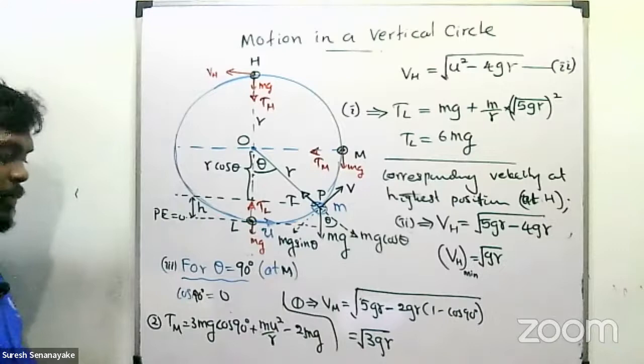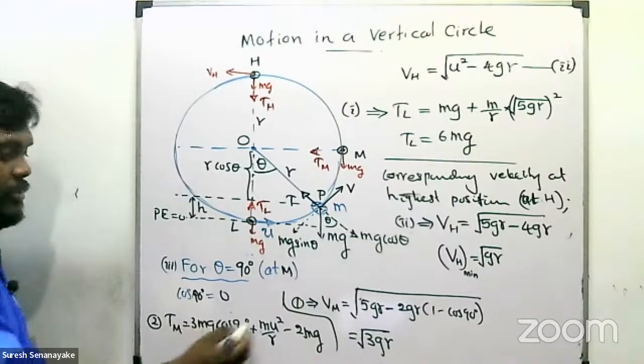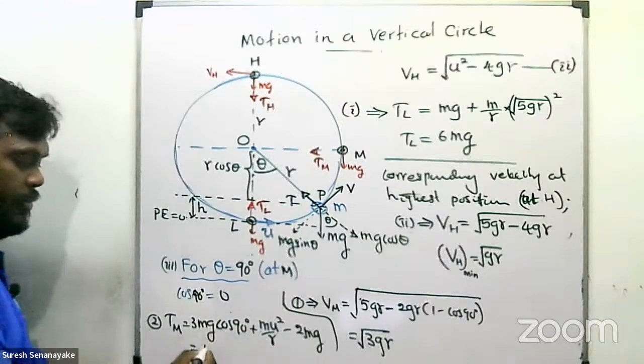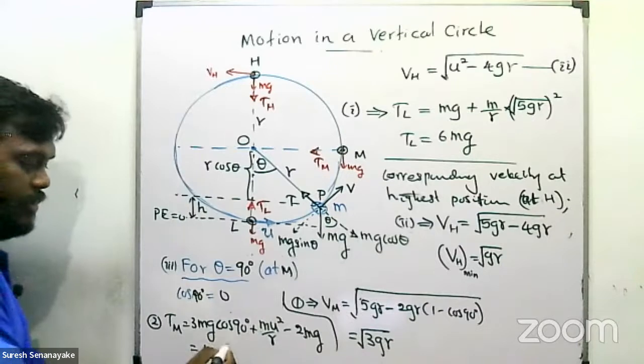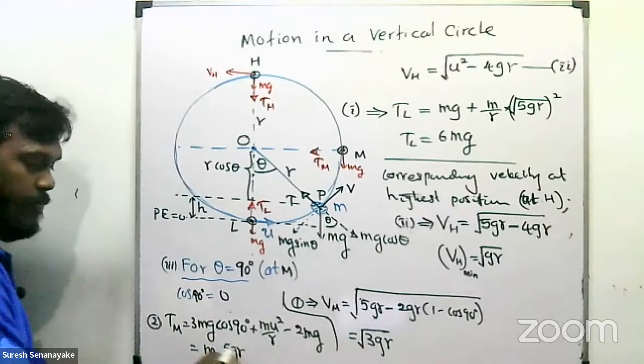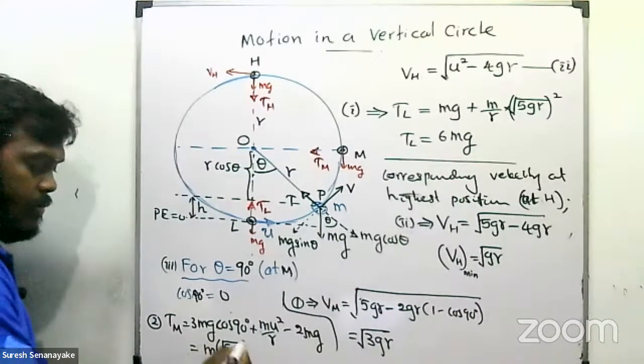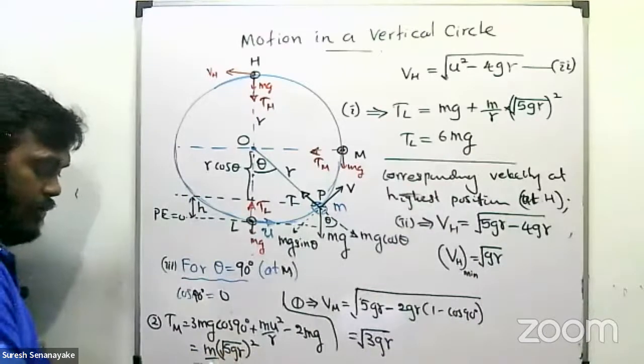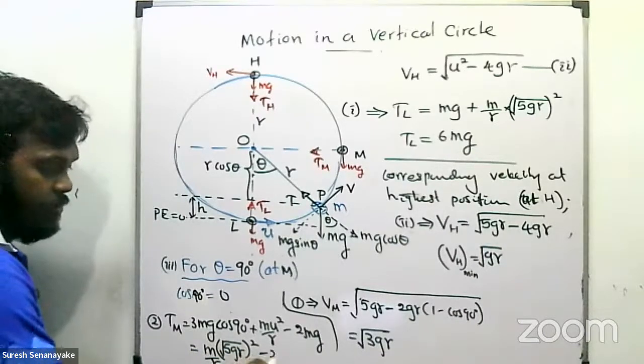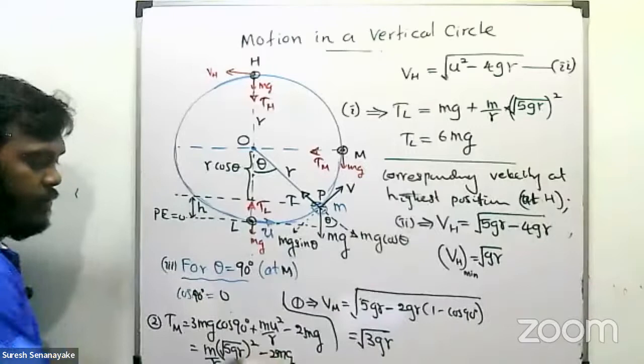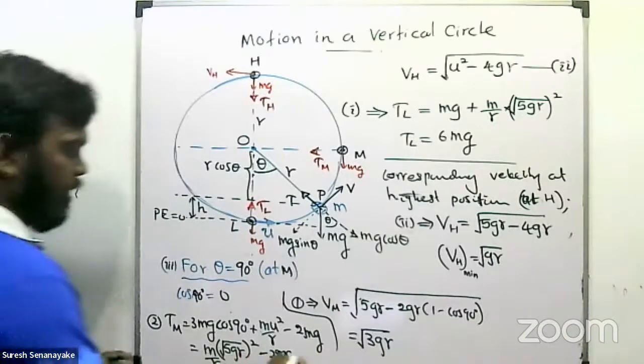This is how it comes. This term becomes 0. This m times u square, which is 5gr, divided by r, minus 2mg. So this will become 5mg minus 2mg, that is 3mg.